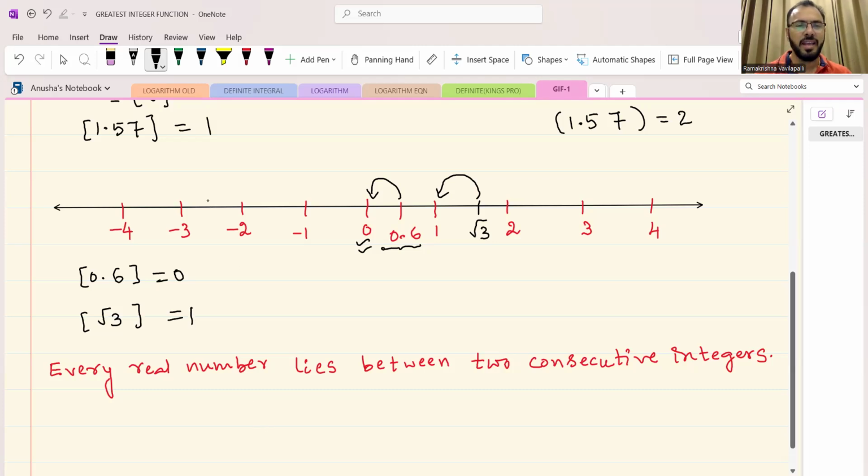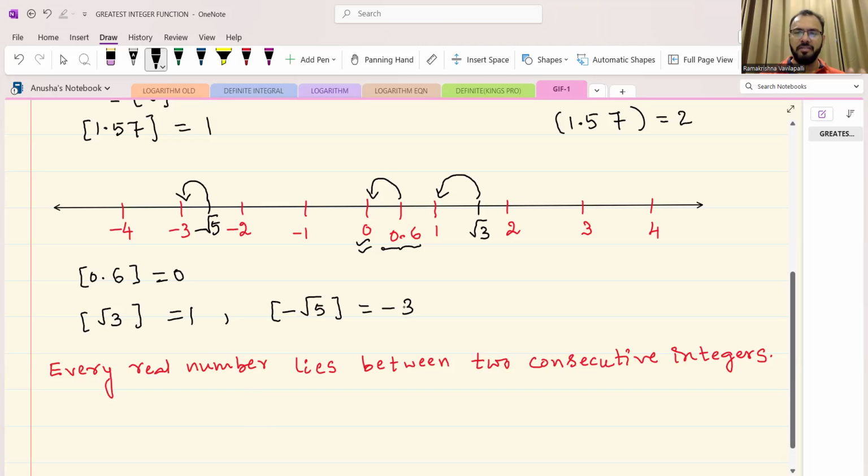Like if you take minus root 5, you have to round down to the nearest integer. The integral part of minus root 5 equals -3.